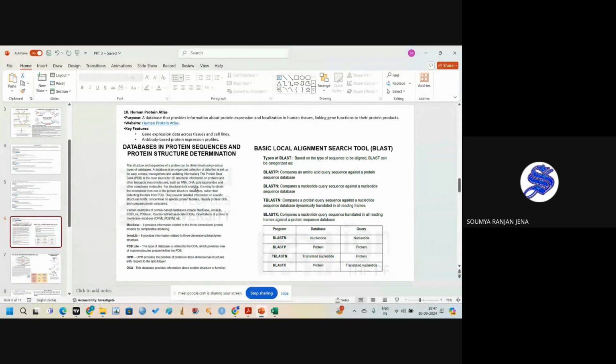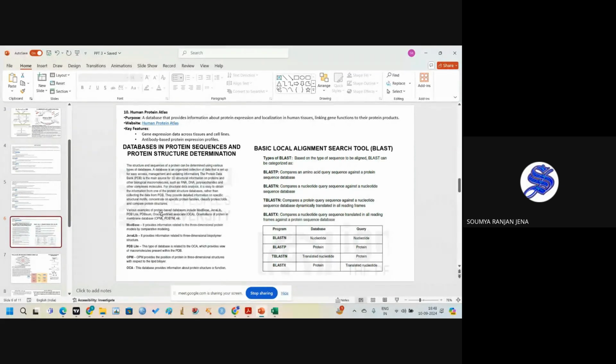Then for structural data analysis, it is easy to obtain the information from one of the protein structure databases rather than collecting the data from PDB. They provide detailed information on specific structural motifs, because these motifs and domains are called super secondary structures, and the super secondary structure of a protein you can also find in the PDB database.